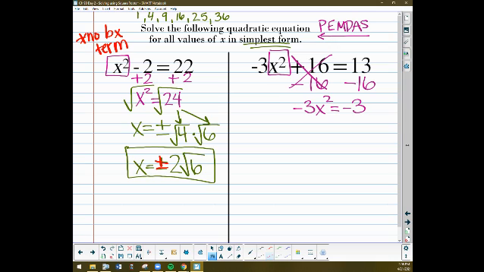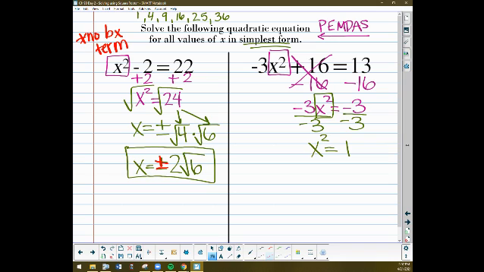Again, I'm still trying to get this x squared part all by itself before I do anything else. So I'm going to divide by negative 3 on both sides, and I get x squared is equal to positive 1. So negative 3 divided by negative 3 is positive 1.